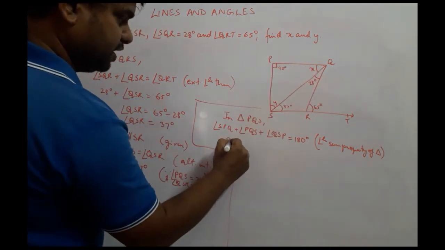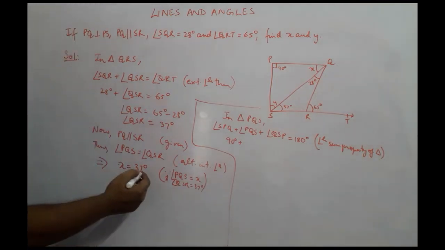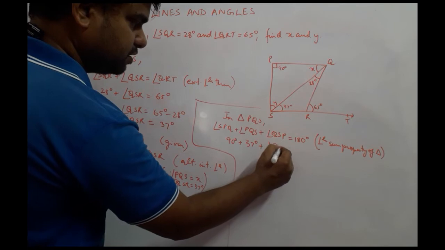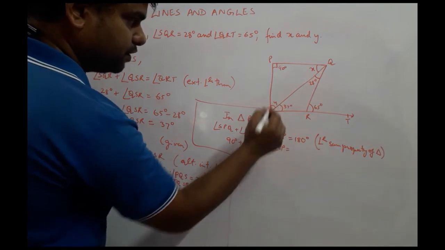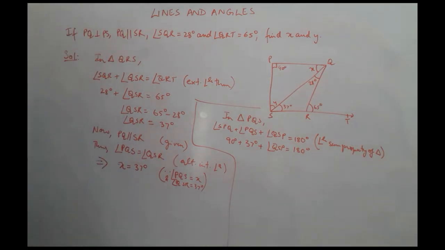SPQ is equal to 90 degrees. PQS we have just found out is equal to 37 degrees. QSP is what we need to find out, that is Y. Everything is equal to 180 degrees.